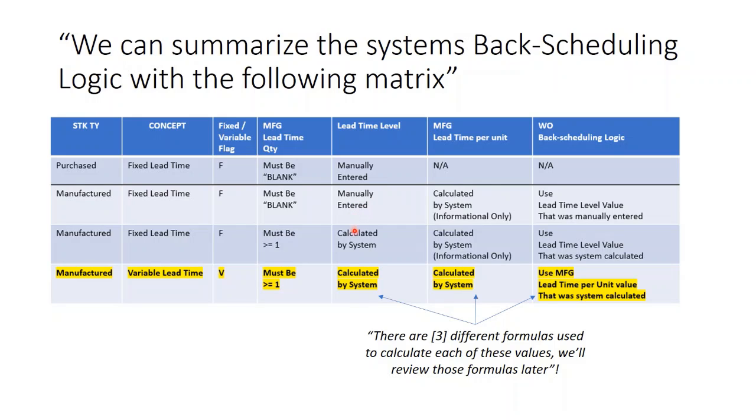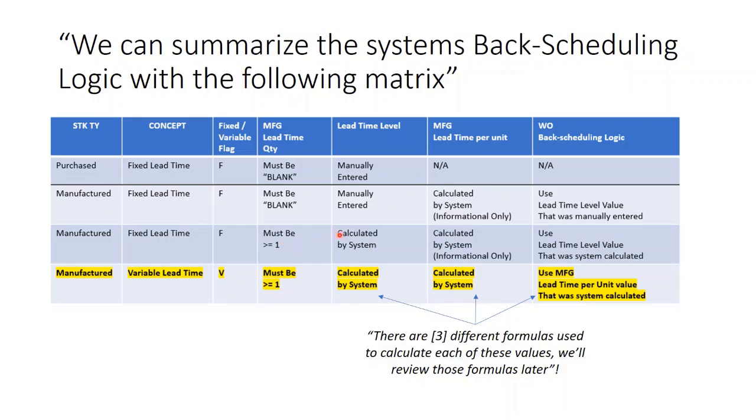But if we were to have the system calculate our fixed lead time level value, we would set the make item to an F, make sure the manufacturing lead time quantity has a value greater than or equal to 1, or it is recommended that it be a typical run size or a standard lot size.